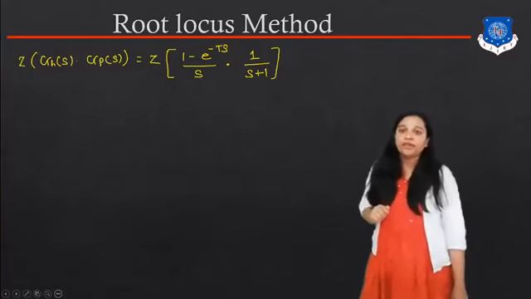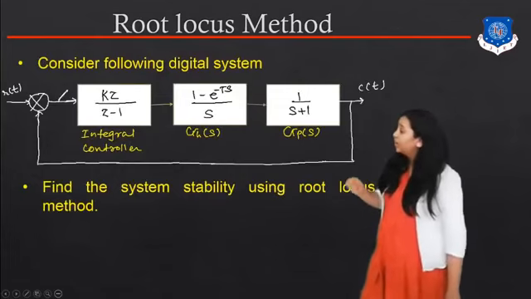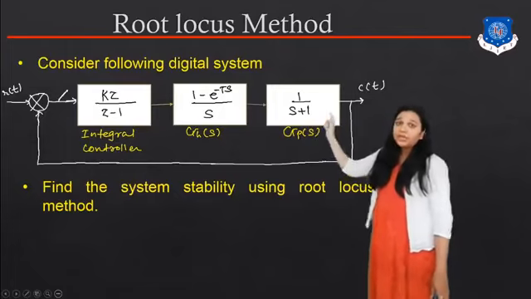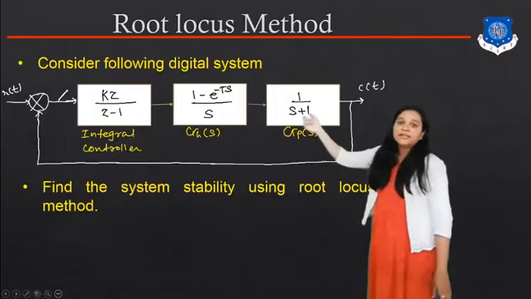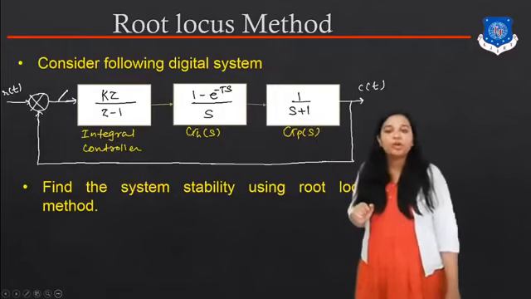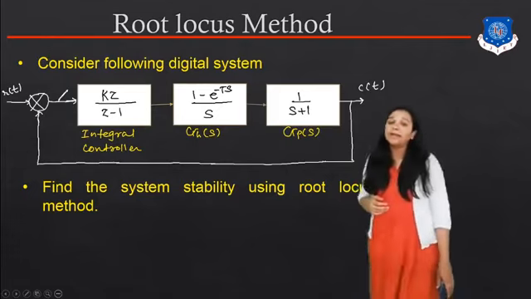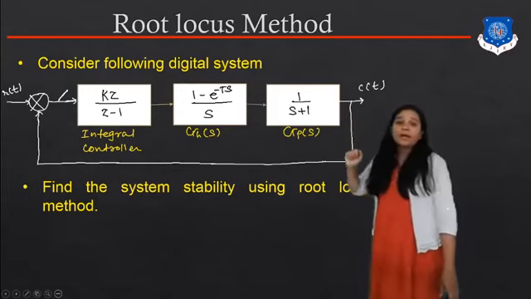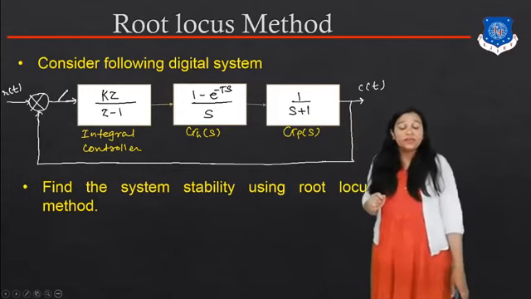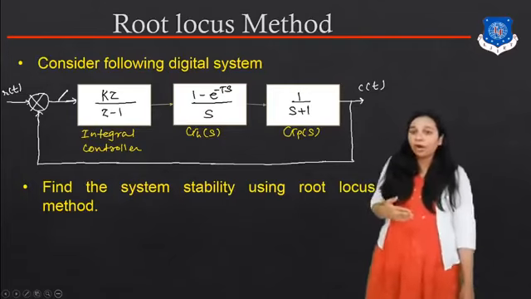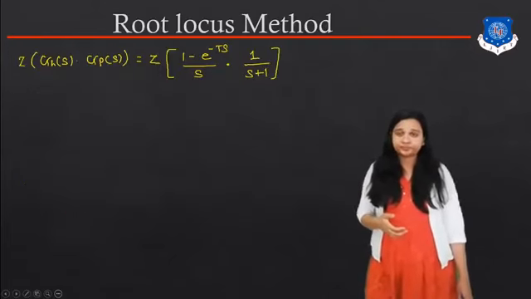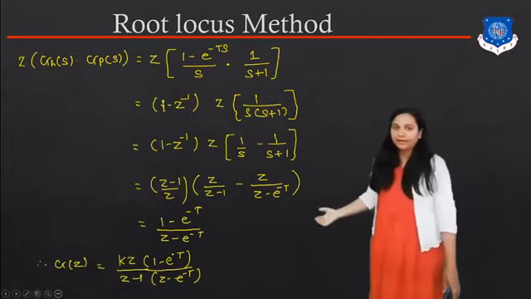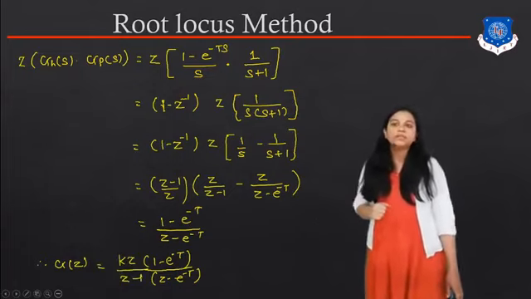Now here again we can see that in this block diagram, three blocks are given: G1, that is the integral controller, G2, that is Gh of s, and G3, that is Gp of s. Using block diagram reduction techniques, rule number 1: whenever more than one block is connected in series, we can simply multiply the block gains.